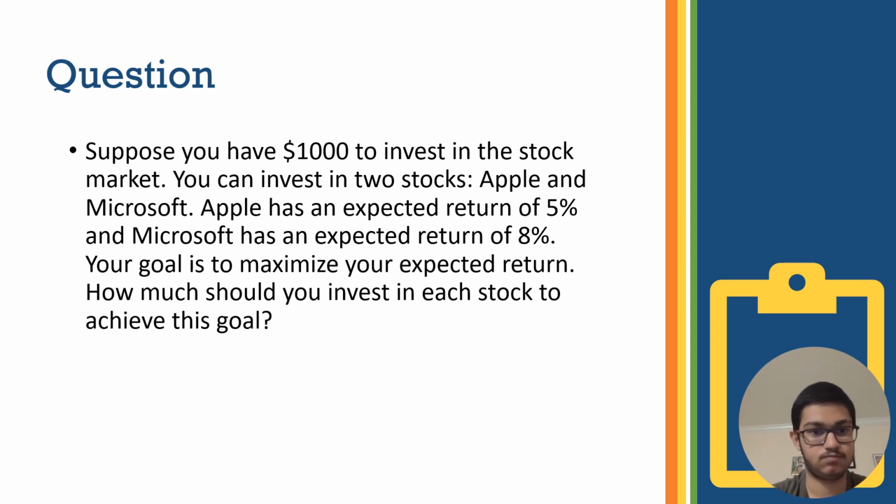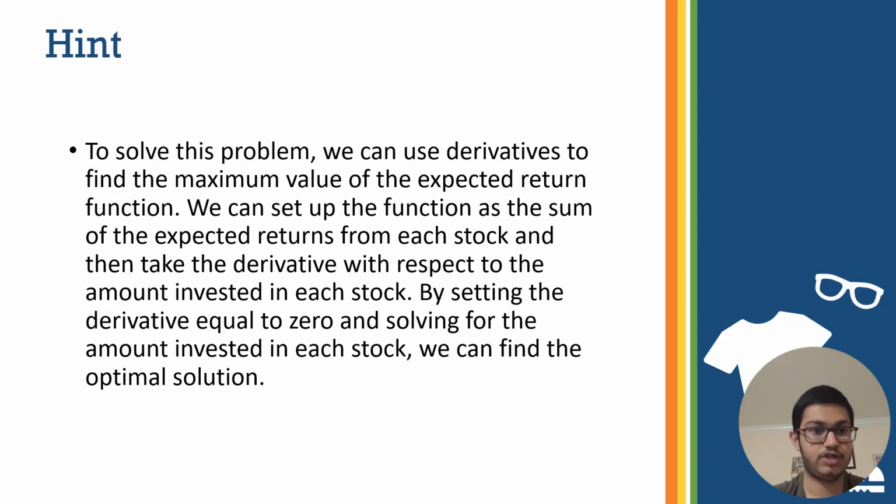Alright, let's go. So the hint of this problem: we can use derivatives to find the maximum value of the expected return function. Then we can set up the function as the sum of the expected returns from each stock and then take the derivative. So basically we are just going to use the derivative.